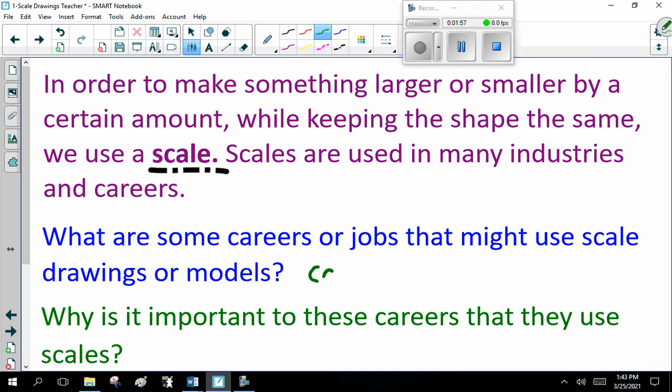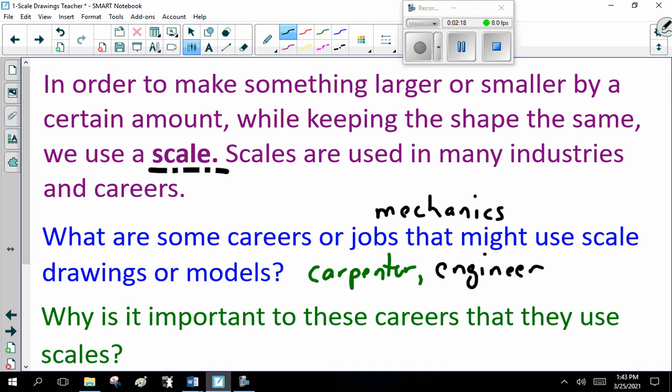Well, carpenter, engineer. You're building a house, you don't have the diagrams full size, you make it to scale. Carpenter, engineer, mechanic, lots of people might use scale drawings or models. Why is it important to these careers that they use scales?